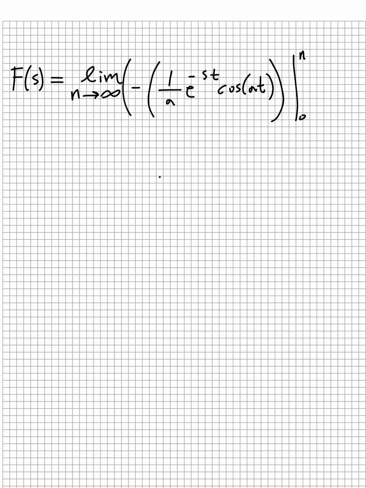The limit's not done yet. We still have some items within this, so it'll be minus s over a, integral 0 to n, e to the minus s times t, times the cosine of a times t dt, and then we're done.